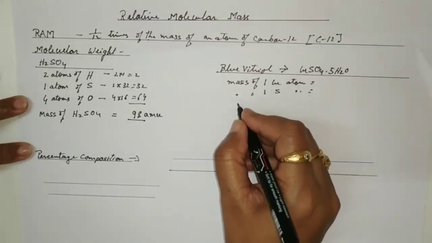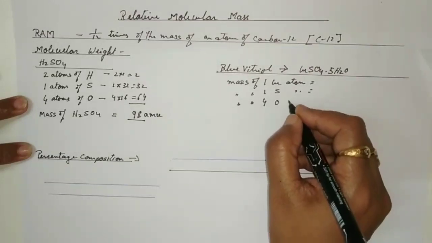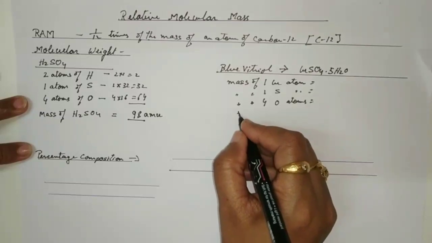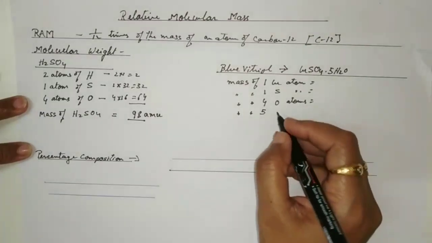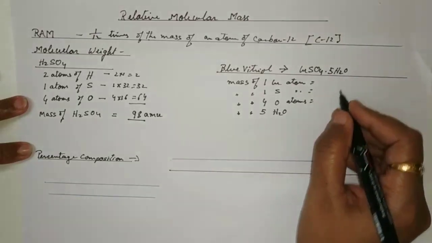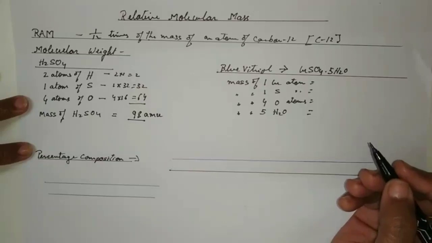There are 4 oxygen atoms and mass of 5 H2O together we will have to add.